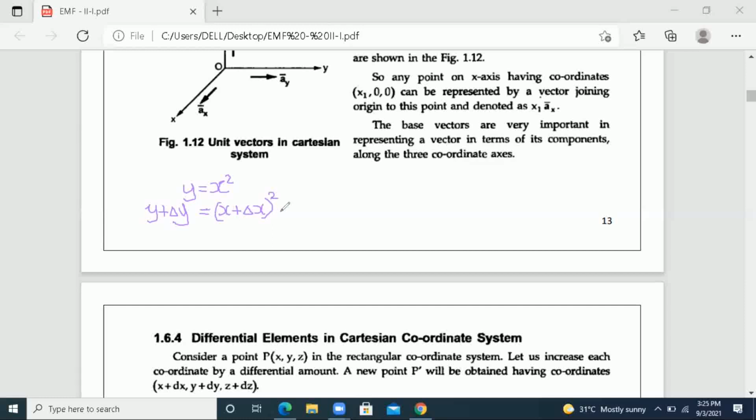Expand this for me and tell me what you get.